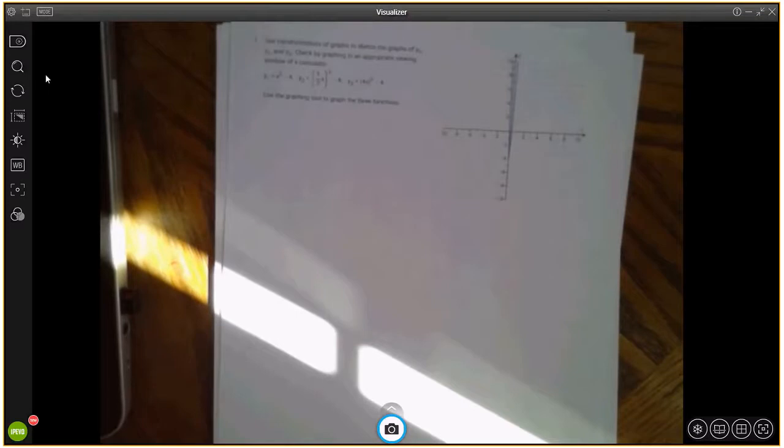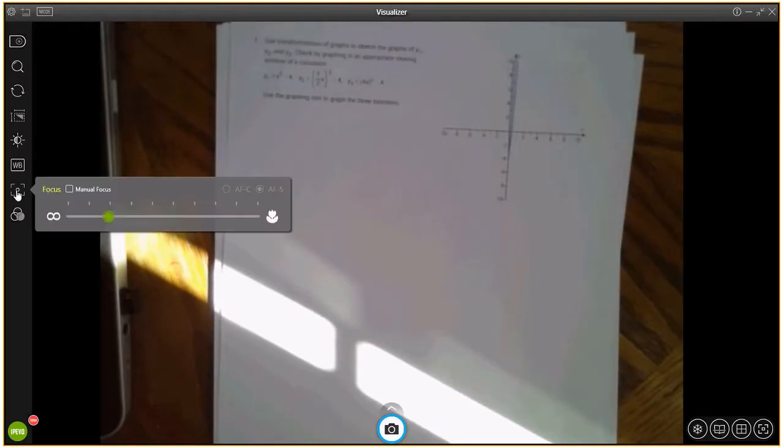Let me check. See if the manual focus does better.